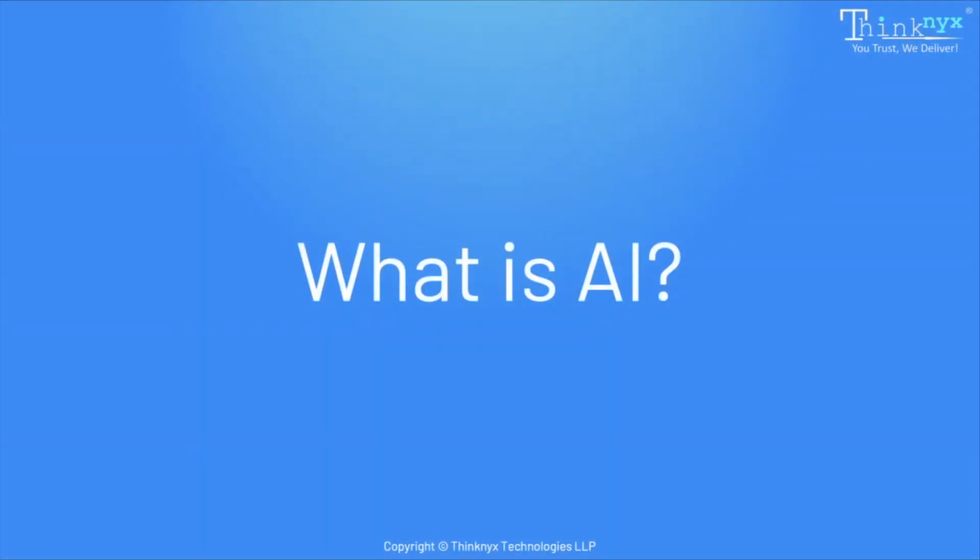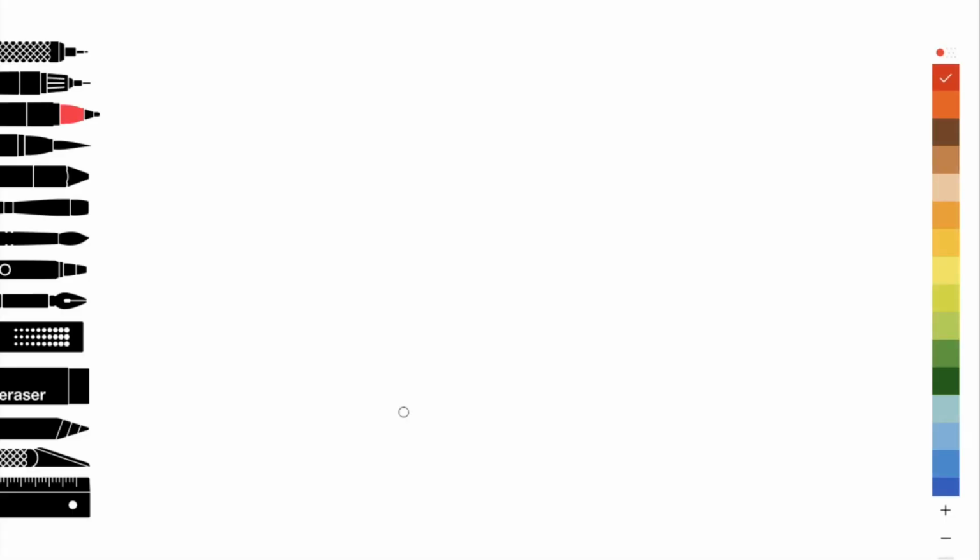So the first question is, what is AI? When we talk about AI, it is artificial intelligence. Let us understand it in simple layman language. Intelligence is always related to humans.